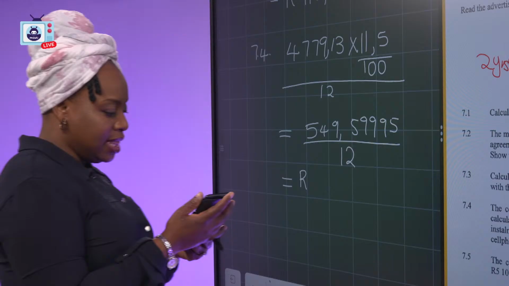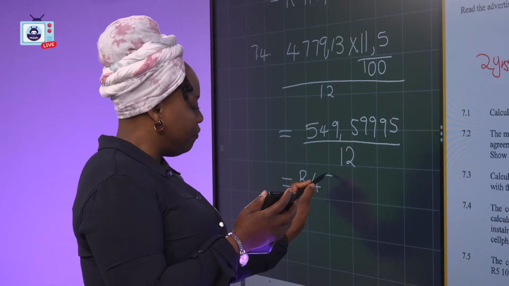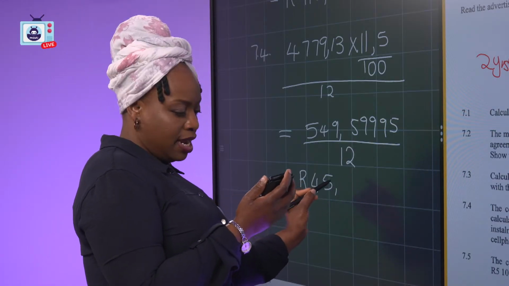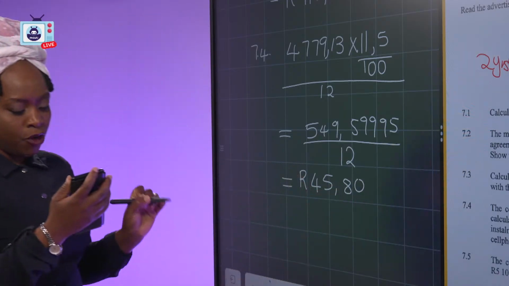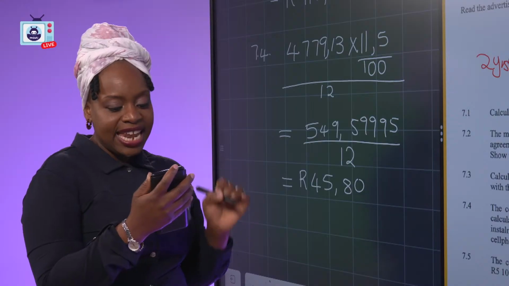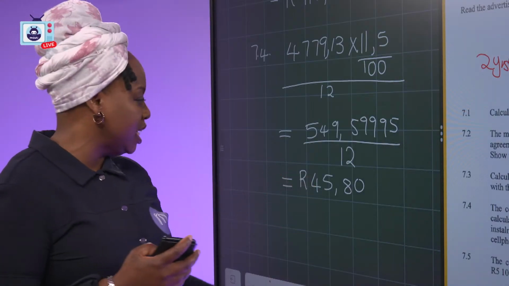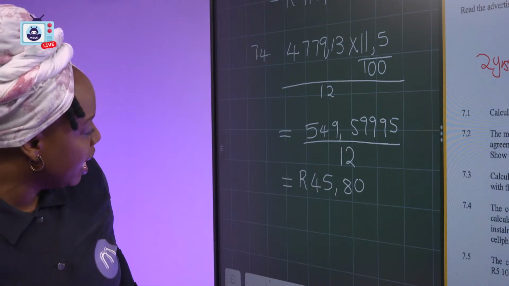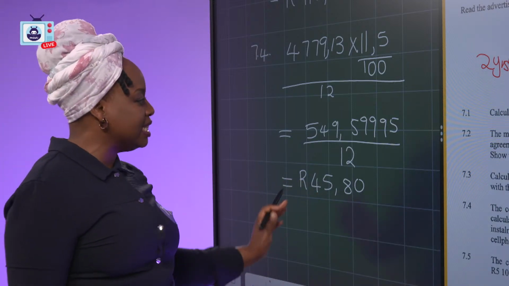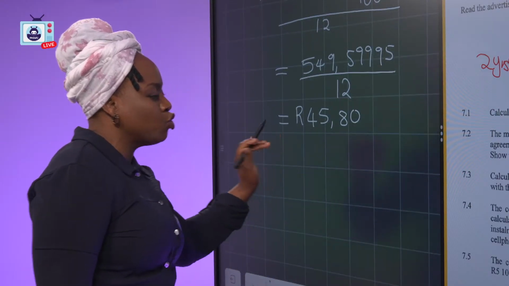That is giving us 45 rand 80 cents, because it's 45.7999583, which if you round it, you get 45 rand 80 cents. This is only for the insurance, right?